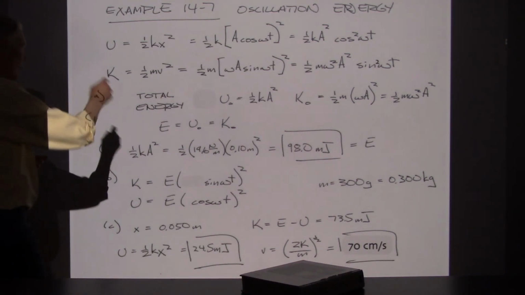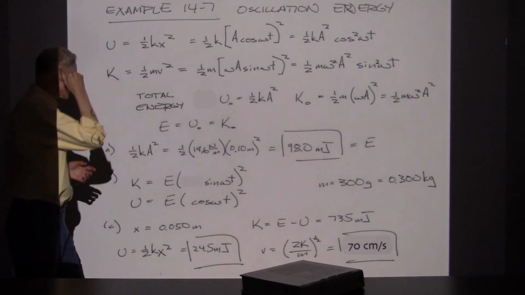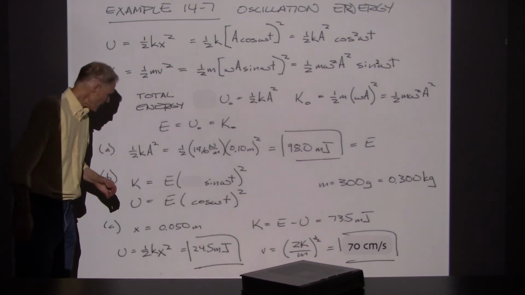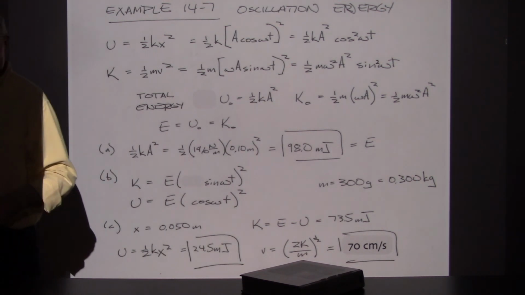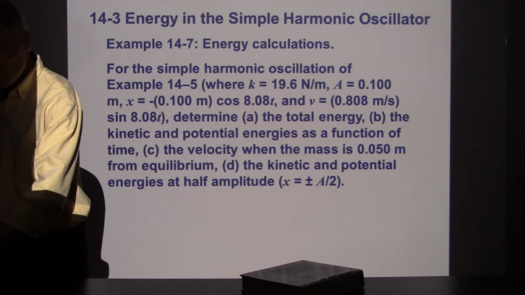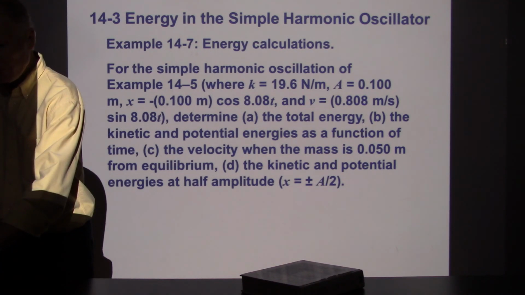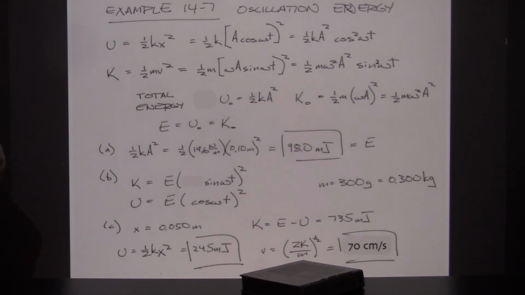Now, the mass of this object is 300 grams. They are asking in part C, let's take a look at this. What will the velocity be when the object is 5 centimeters from the equilibrium position?